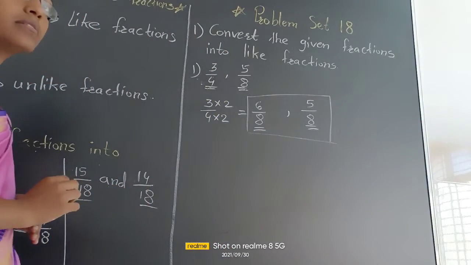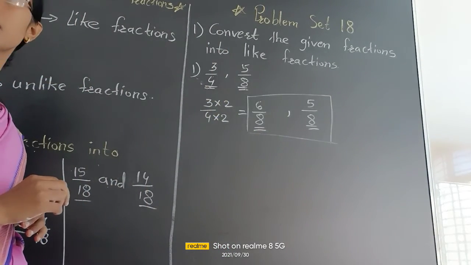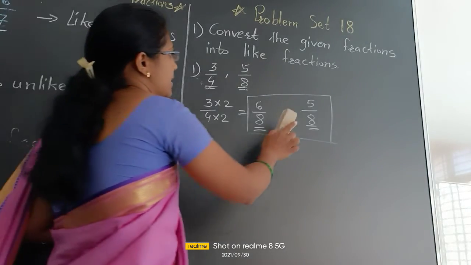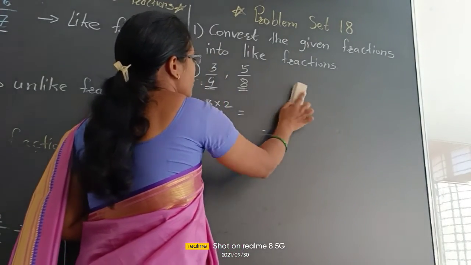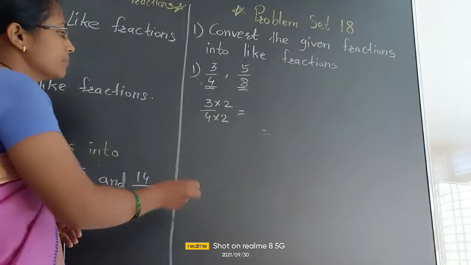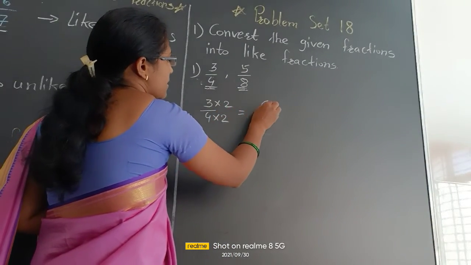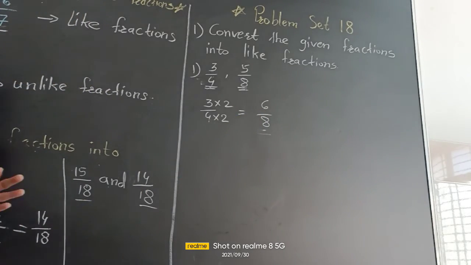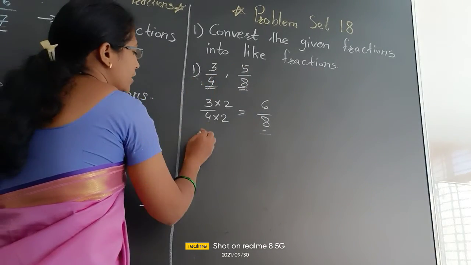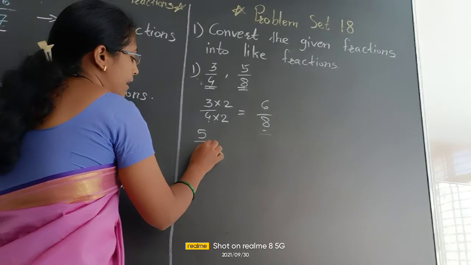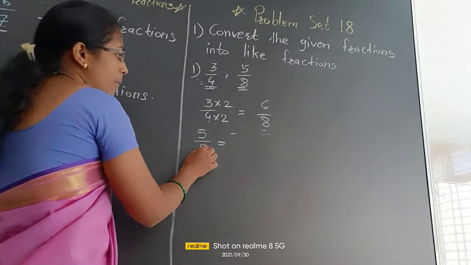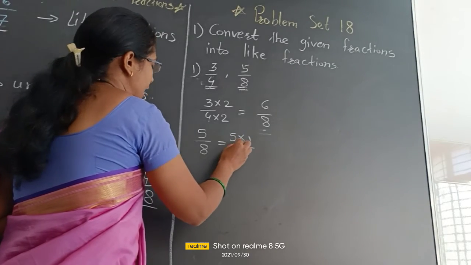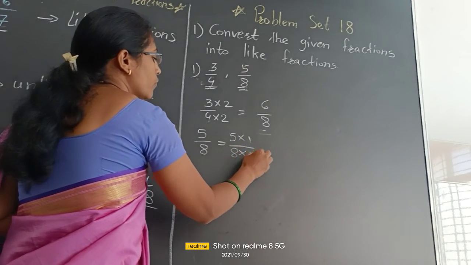like fractions. Teacher, but I don't understand. See, here again you write 6 upon 8. This is the equivalent fraction of 3 upon 4. Clear? So again you take the other fraction, 5 upon 8. To make 8, we will multiply by only 1. 5 into 1, 8 into 1.